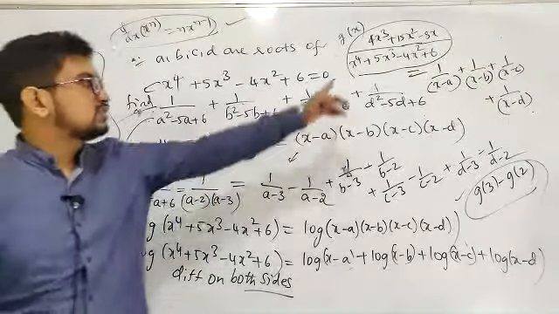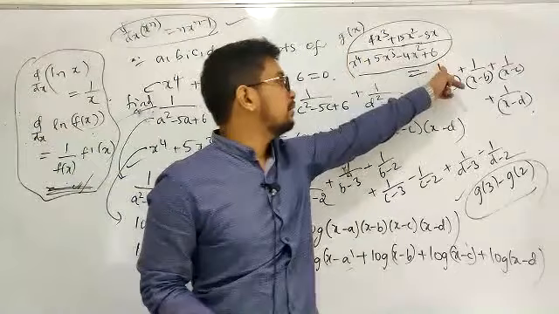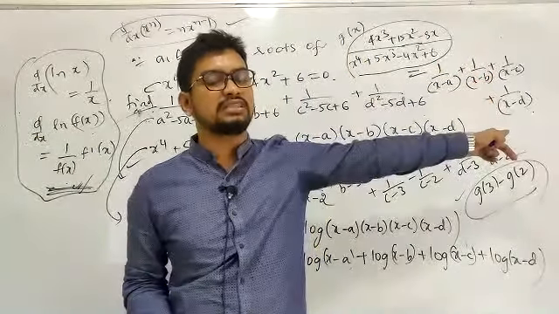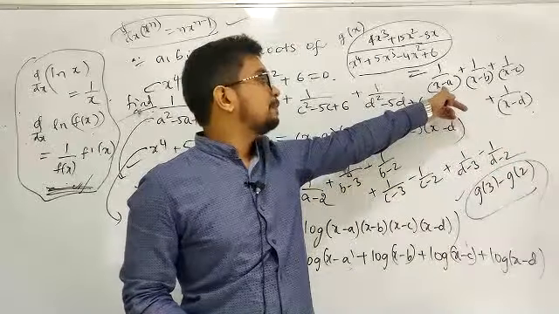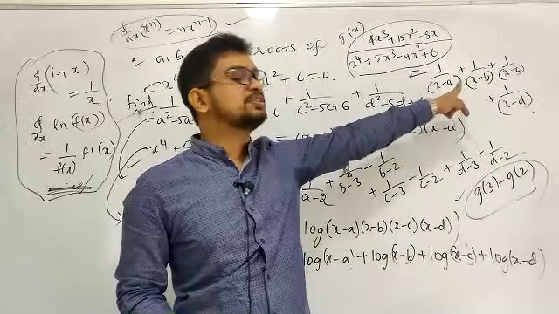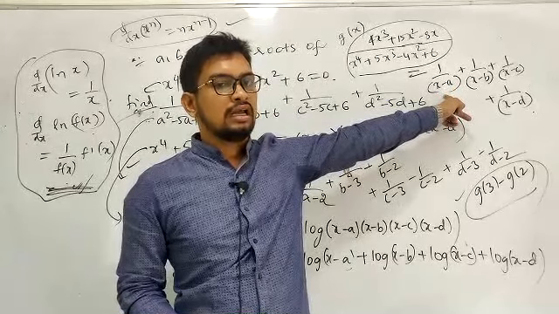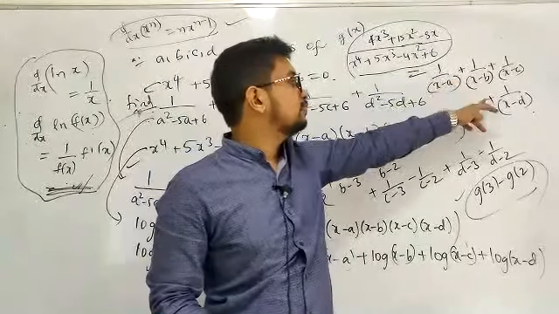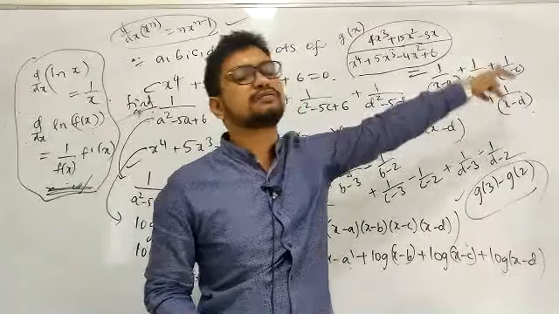Once you substitute 3 into this, you'll get 1 by 3 minus a plus 1 by 3 minus b plus 1 by 3 minus c plus 1 by 3 minus d. Then you subtract, and substitute 2: 1 by 2 minus a plus 1 by 2 minus b plus 1 by 2 minus c plus 1 by 2 minus d.